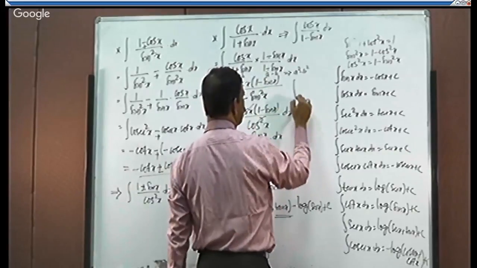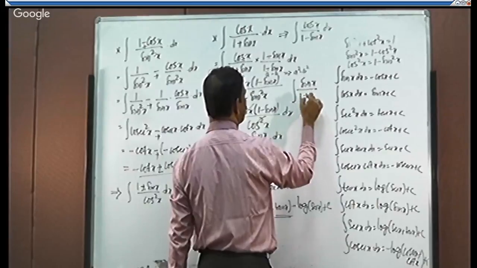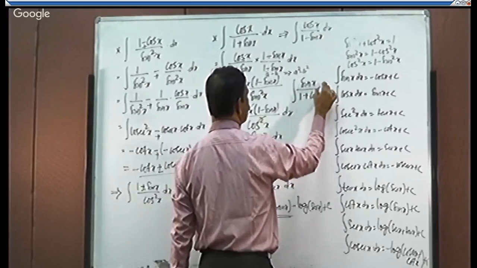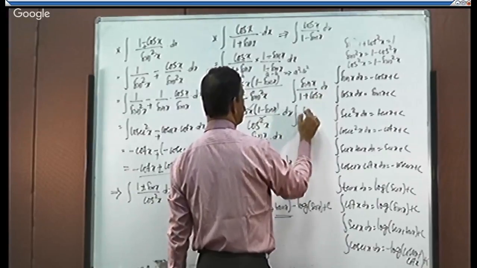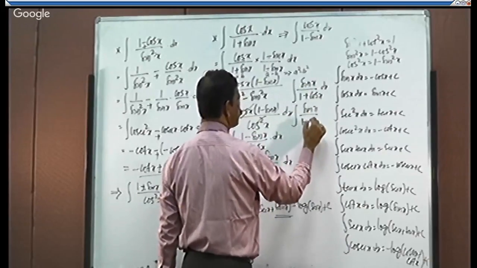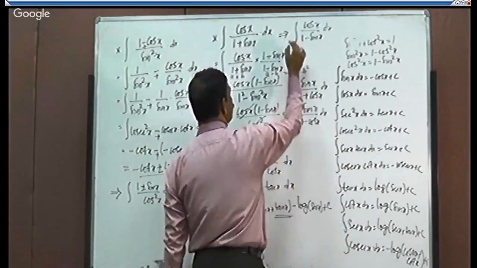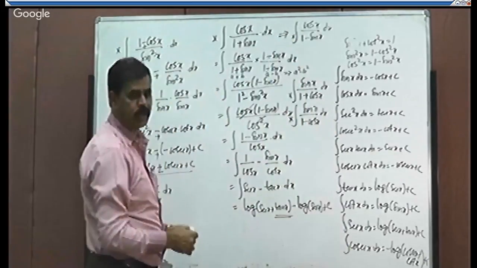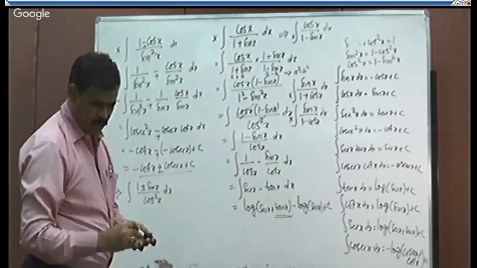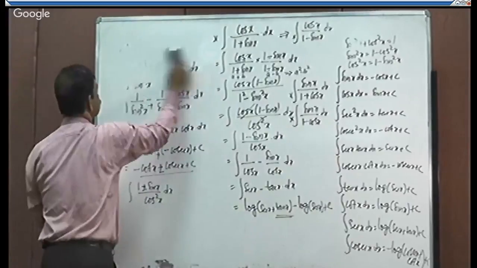And you can also take this problem, sin x divided by 1 plus cos x into dx, or sin x divided by 1 minus cos x into dx. They are all the same type of problems. Right? Then we can move to the next type of problem.